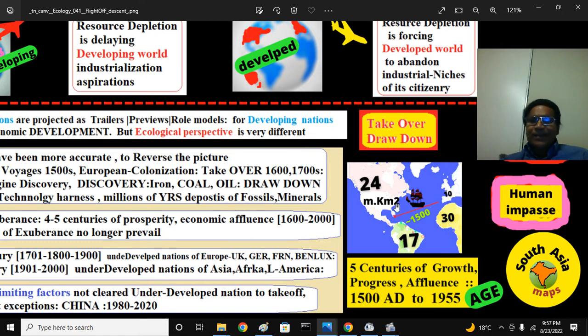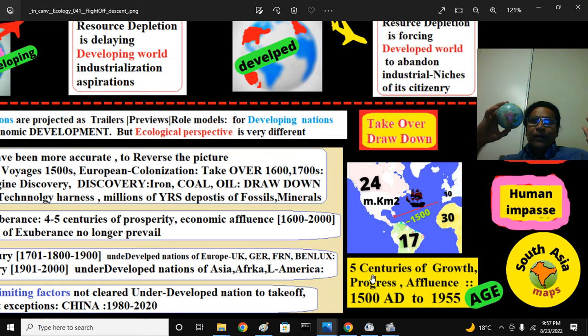The voyages and discoveries by Amerigo Vespucci, Columbus and so on discovered the new world: North America, 24 million square kilometers, 17, Australia. The entire planet Earth is roughly 550 million square kilometers. The land mass is 150 million square kilometers. The rest, roughly 350 million, is water.